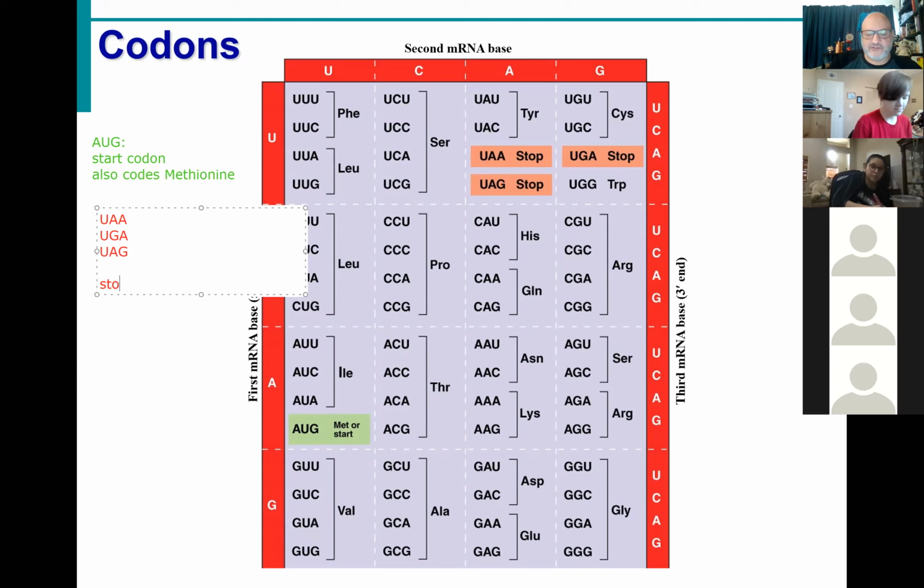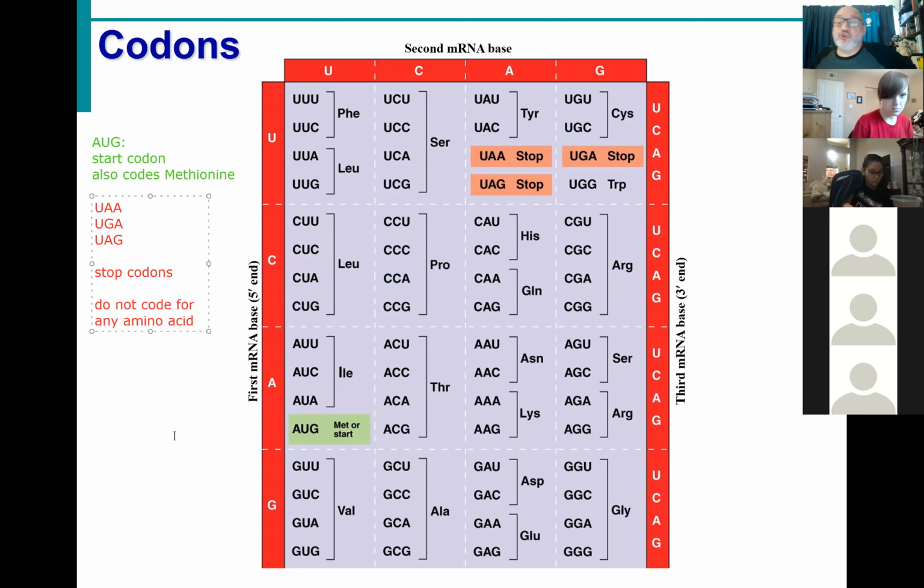Stop. These are the stop codons. And notice stop codons do not code for any amino acid. These 4 codons you do need to memorize. You need to know what they do.